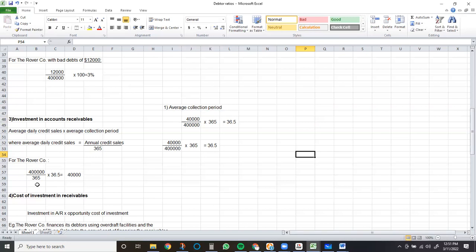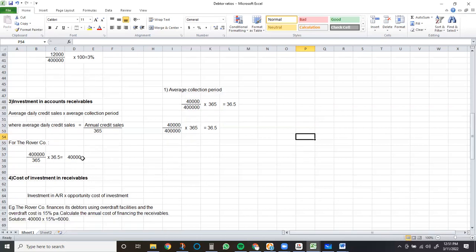And then if we multiply that by 36.5, since this is the daily credit sales, and this is the period of time customers are taking, if you multiply the daily credit sale by the time they take, you will get an average as to what the debtors figure is. You know, the average debtors figure. So really it's the same formula, just turning things around.